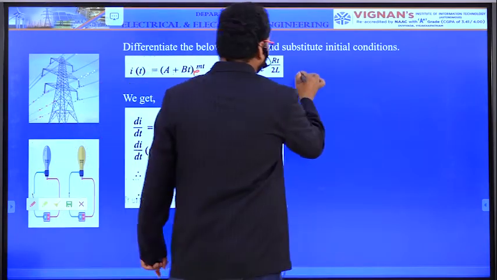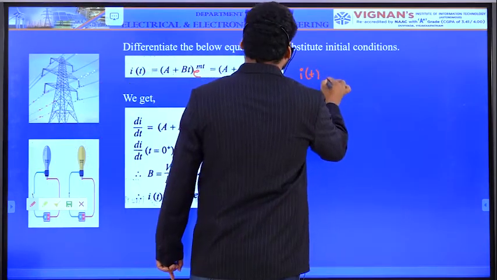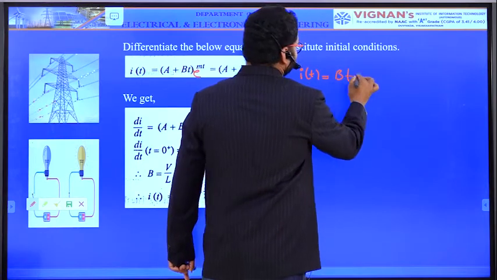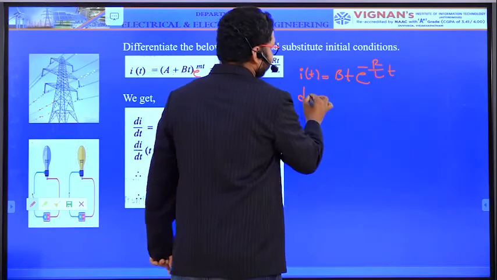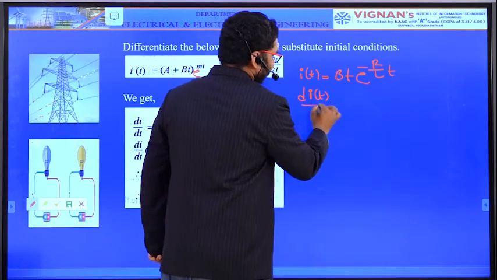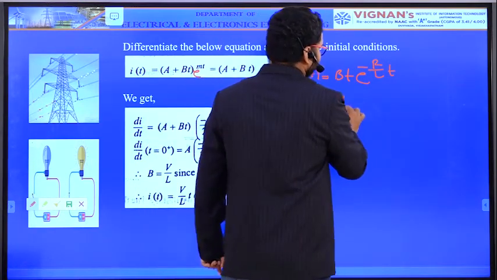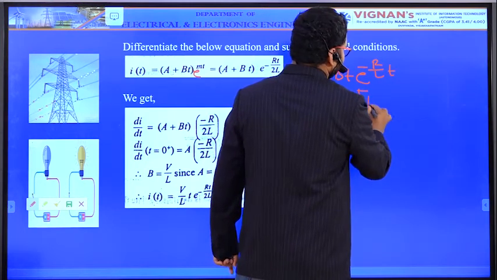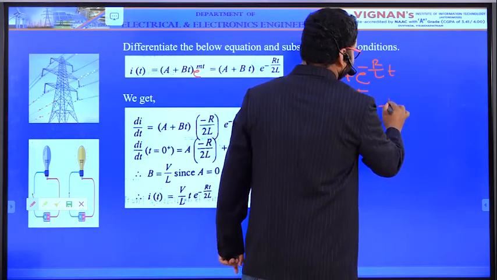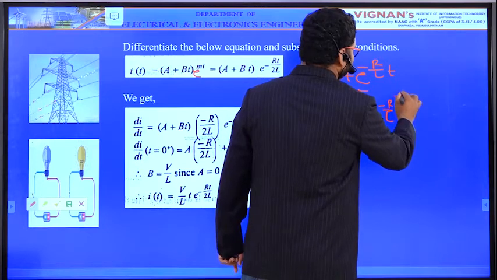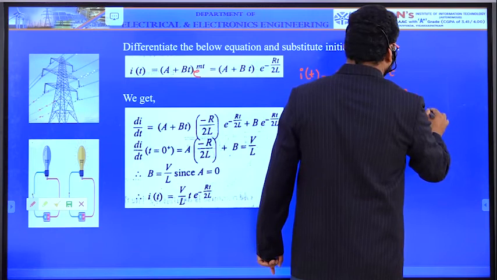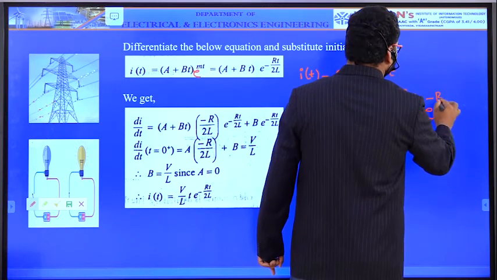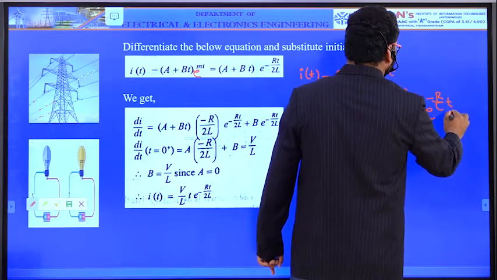Here, i of t equals b t e to the power of minus R by L t, since a equals 0. So the derivative with respect to t: di of t by dt equals b, make it common, t into minus R by L e to the power of minus R by L t plus e to the power of minus R by L t into 1.